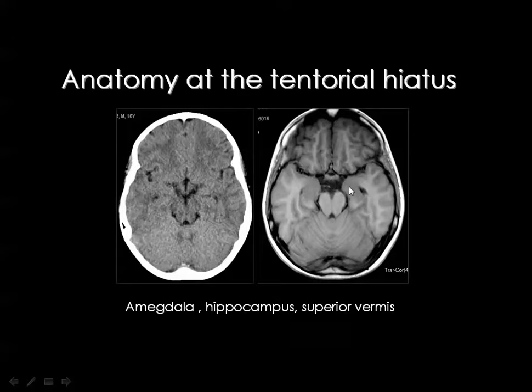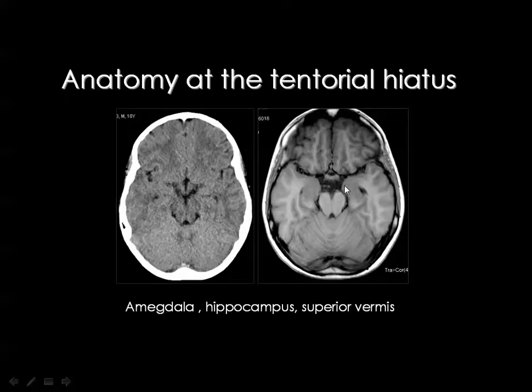The structure between the temporal horn of the lateral ventricle and the midbrain, this area I mean, is known as the hippocampal formation. And this hippocampal formation contains two important structures, which are the amygdala or the amygdaloid nucleus and the hippocampus itself.